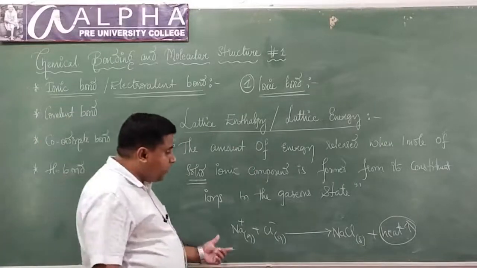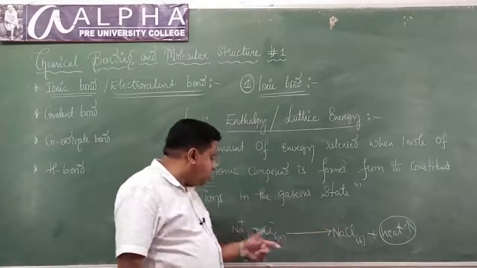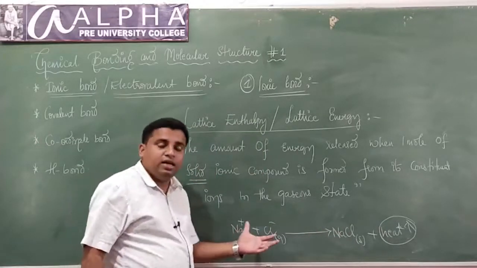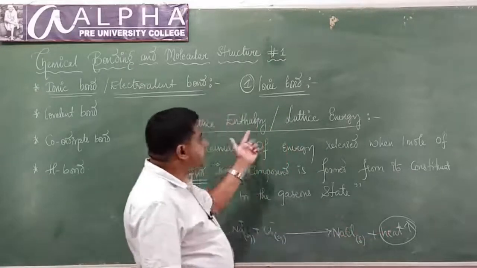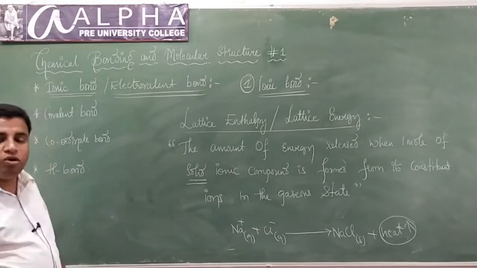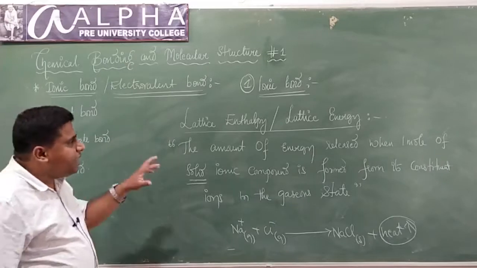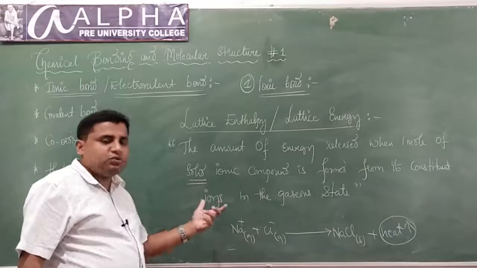So when 1 mole of solid sodium chloride is formed from the constituent sodium ions in the gaseous state and chloride ions in the gaseous state, the amount of energy released is called lattice enthalpy or lattice energy. Students, hope you have understood. Lattice enthalpy can also be stated in a reverse way.